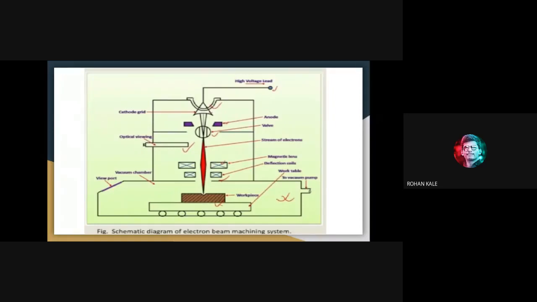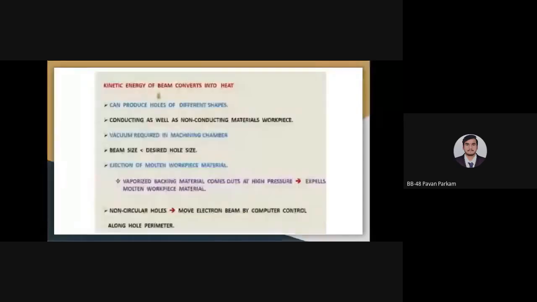As I have mentioned, non-circular holes can also be generated by the electron beam machining process. Any kind of shape can be generated on your workpiece by this process.